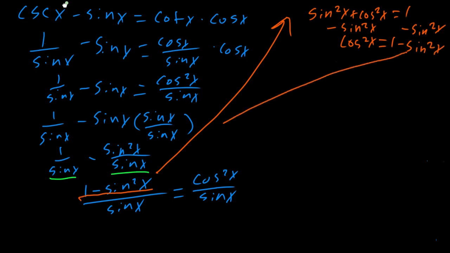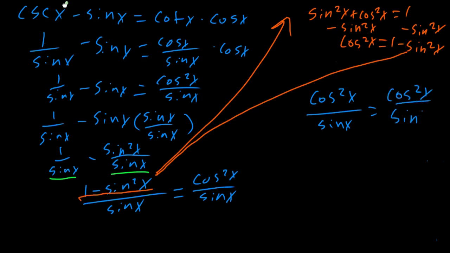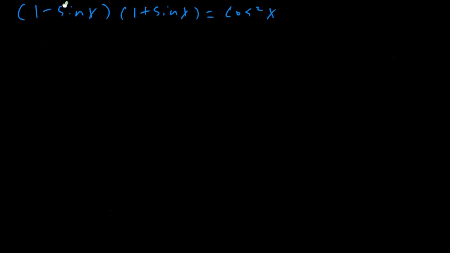This is the same as that. So we can substitute 1 minus sine squared of x for cosine squared of x. So we have cosine squared of x over sine of x, which is the same on the other side. So we have verified this identity. So here's our next problem.